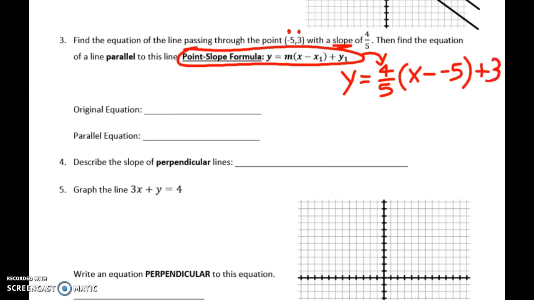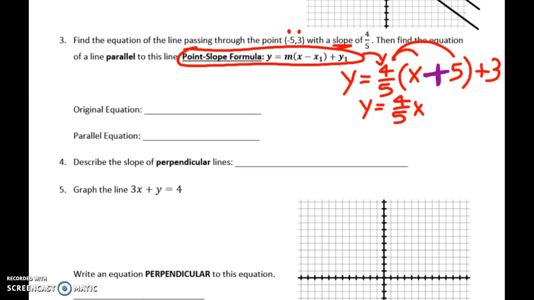Now all I got to do is distribute. 4 over 5 times x is 4 over 5x. 4 over 5 times, now minus the negative 5, I've said before, that is like an addition sign. So you might as well transform it so you don't get confused with minus and negative.